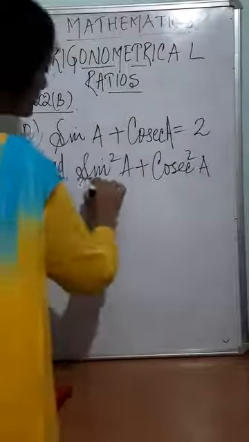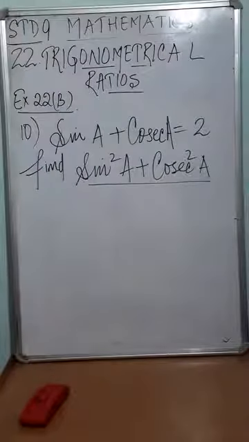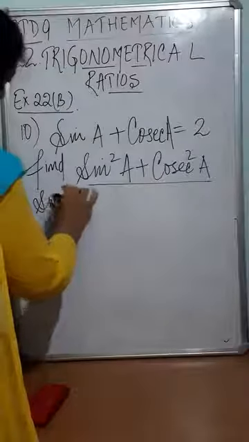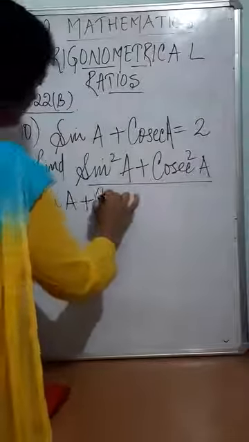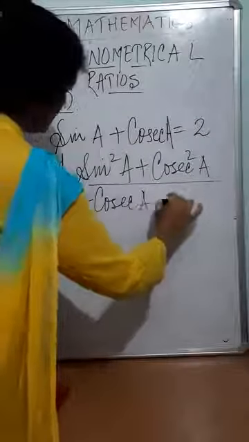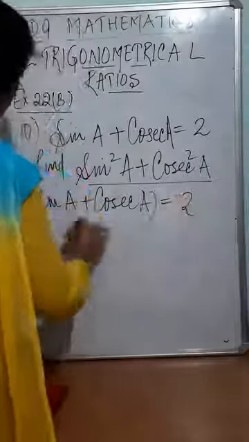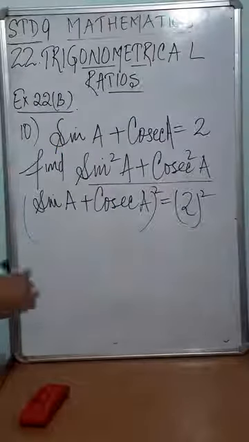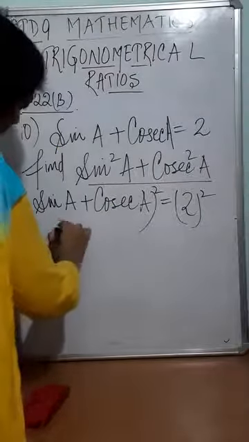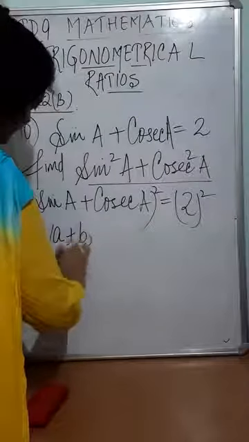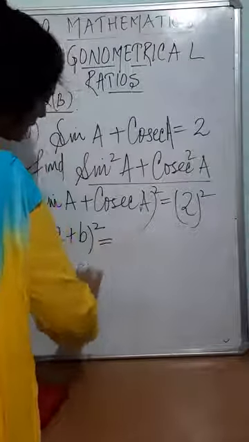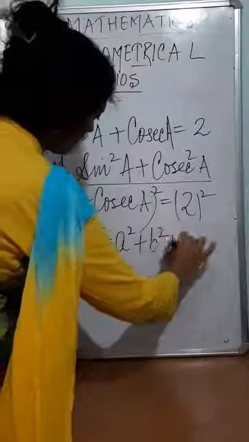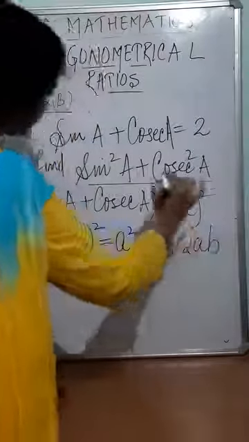To find sin square A plus cosec square A, we are given the identity sin A plus cosec A equals 2. What you do is square it on both sides. Squaring on the left-hand side, you will use the formula A plus B whole square, which is equal to A square plus B square plus 2AB.